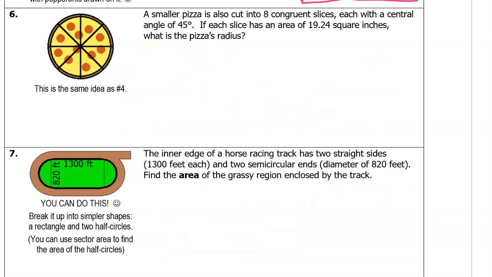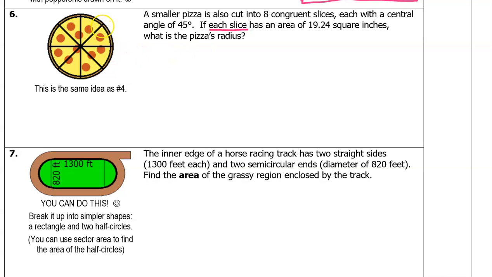Take a look at problem number 6. A smaller pizza is also cut into 8 congruent slices, each with a central angle of 45 degrees. If each slice has an area of 19.24 square inches, what is the pizza's radius? So the key is we're talking about each slice.